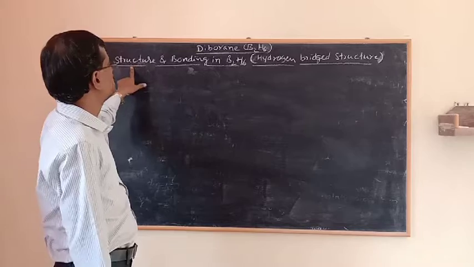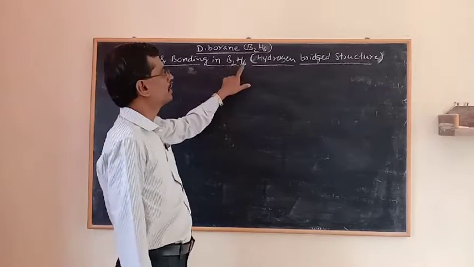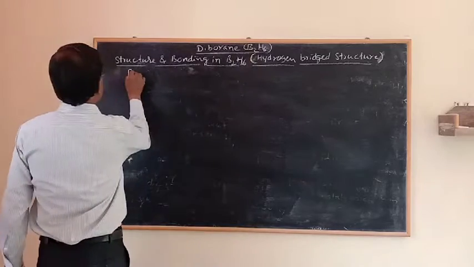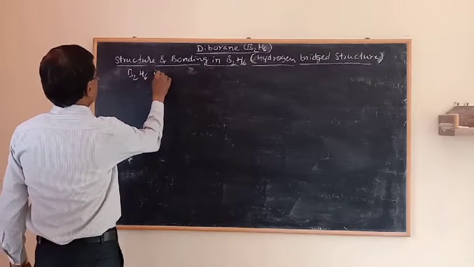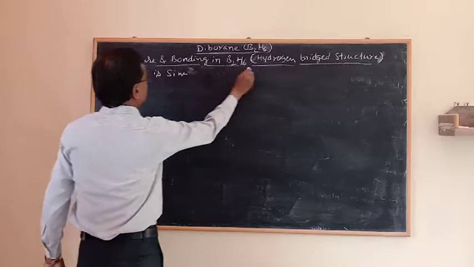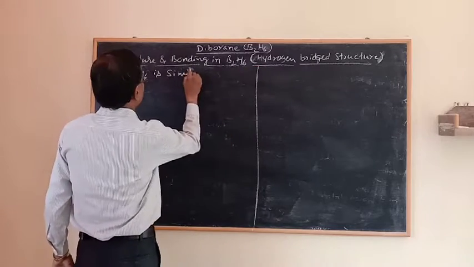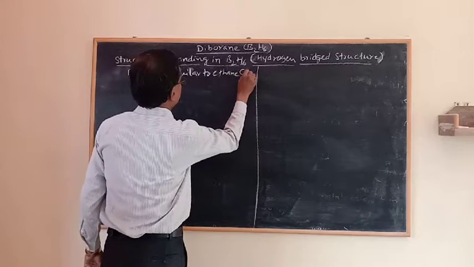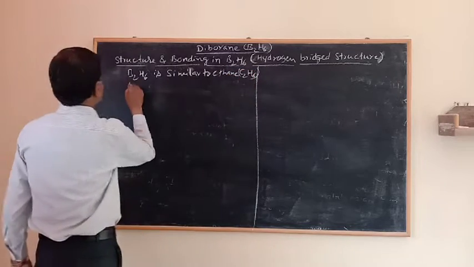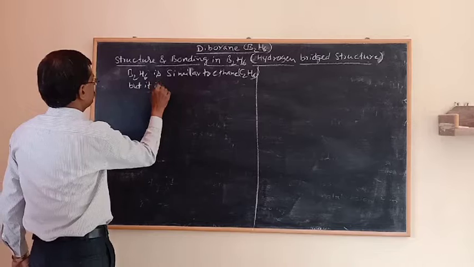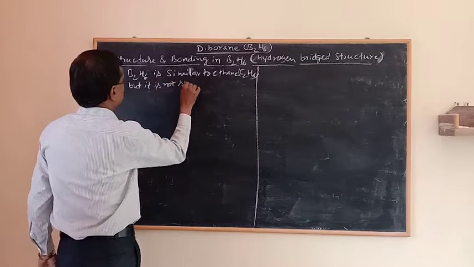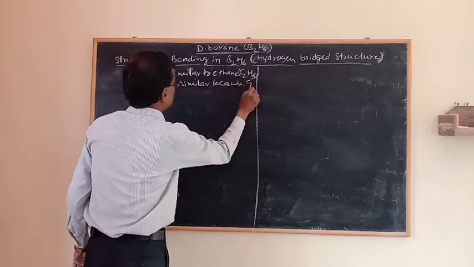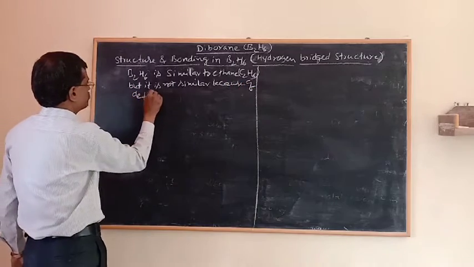Now we study the structure and bonding in diborane, and this structure is called the hydrogen bridge structure. Here this B2H6 diborane is similar to ethane, you know the formula of ethane, C2H6, but it is not similar because of the deficiency of electrons.